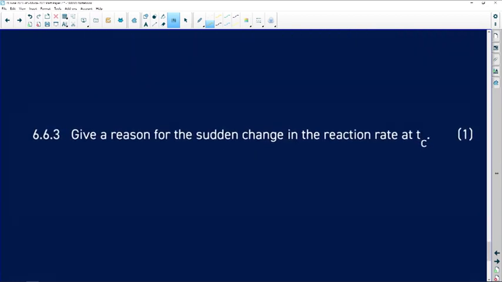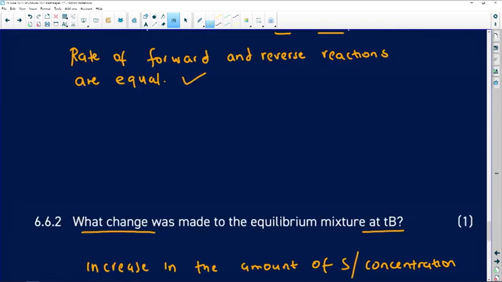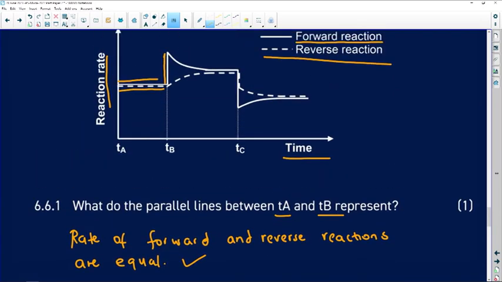Let us go to 6.6.3. They said give a reason for a sudden change in reaction rate at TC. Let us look at TC. There is a sudden change as well at TC, but both the reverse and the forward rates decrease.